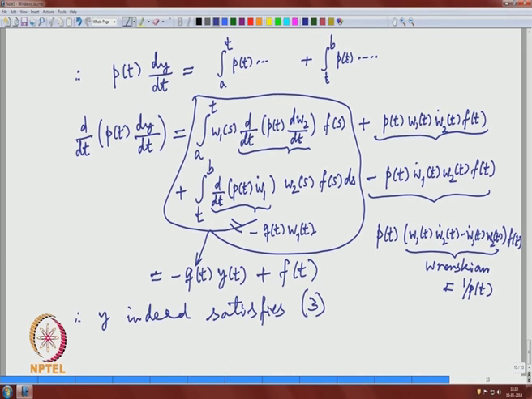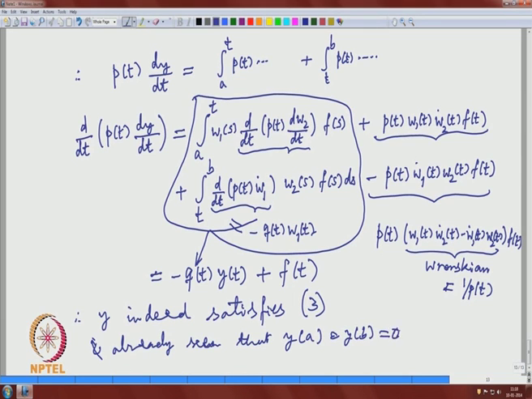Okay. So, I already checked, we have already seen, that this y satisfies y(a) equal to y(b) equal to 0.